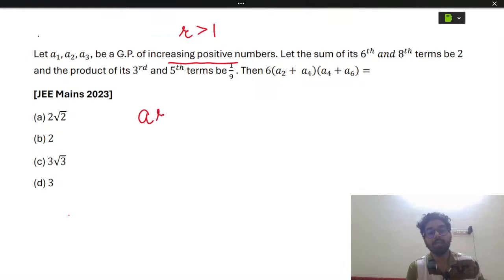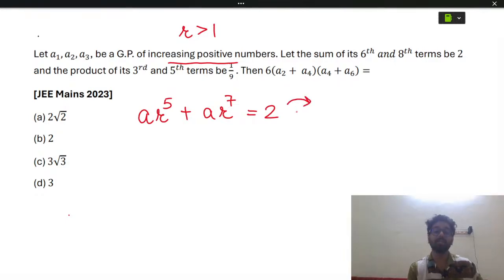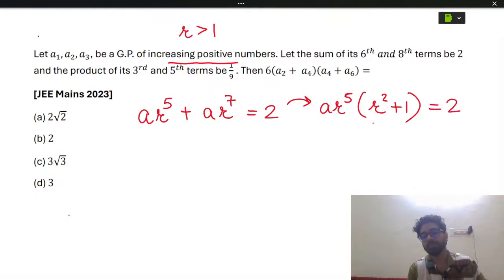A R power 5, plus 8th is A R power 7, equal to 2. That's what they have said. Or if I need to go beyond after this, I can write A R power 5 into R square plus 1 is equal to 2. I'm writing R square for this, 1 for this, okay.